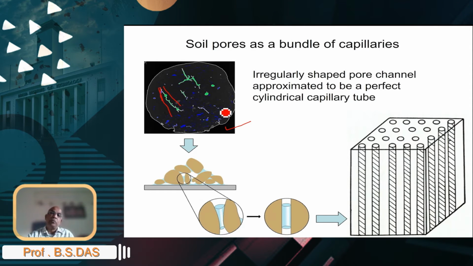So here is a small cartoon that explains that if you have an irregularly shaped pore channel, of course not a very regular cylinder like a capillary tube, nevertheless you may be in a position to make an approximation for these pores, even if they look irregular in shape.